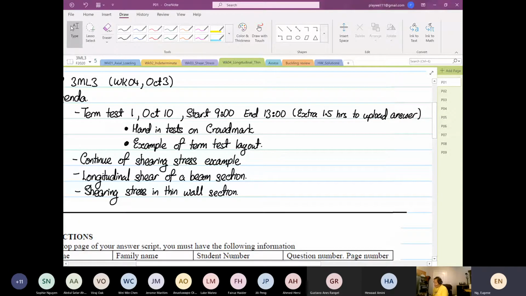Okay. So the usual schedule for the term test in usual time, we should finish at 11:30, if it's face to face. So you go to McMaster, take the exam, it should end at 11:30.